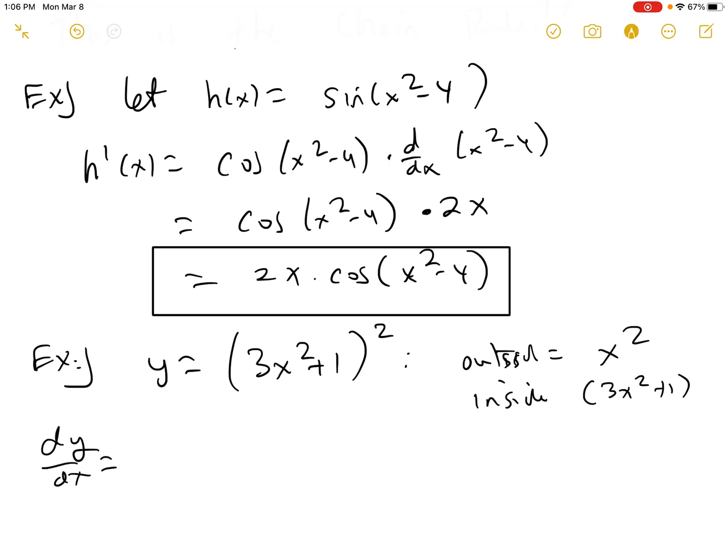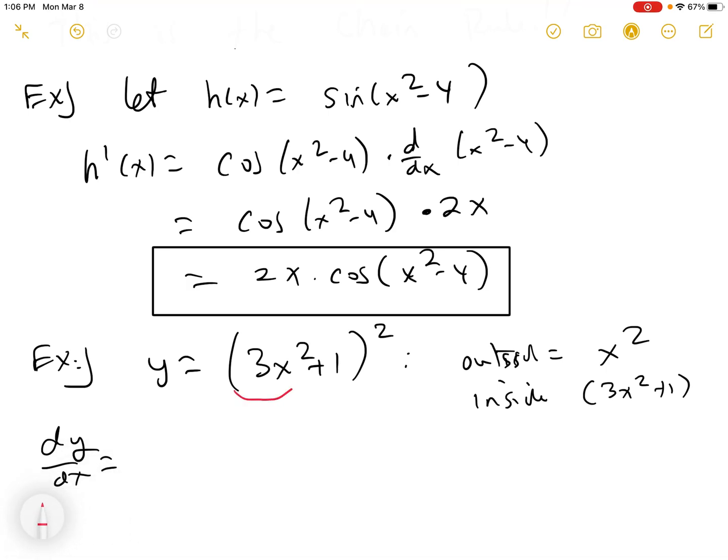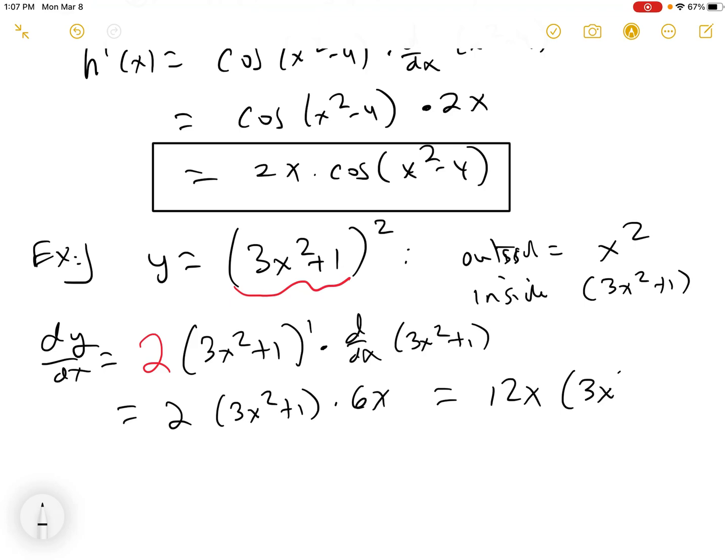So dy dx is, again, we're fixing this and taking the derivative of the outside, so it's just the power rule. So it's 2 times 3x squared plus 1 times the derivative of 3x squared plus 1, which is 2 times 3x squared plus 1 times 6x, and that's 12x times 3x squared plus 1.